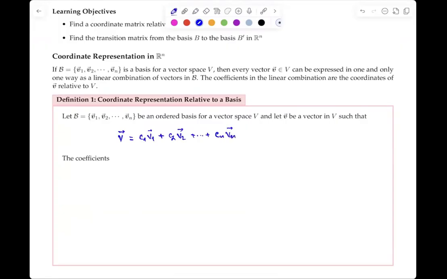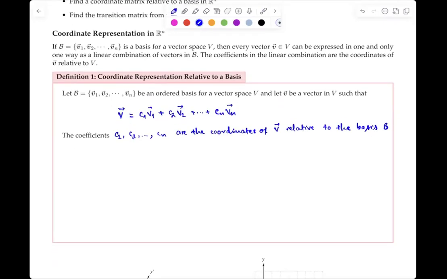So V can be written as a linear combination of all the vectors in B. Now the coefficients C1, C2, up to Cn are the coordinates of V relative to the basis B. You follow the same procedure as in lecture 18, then collect the values of the coefficients and put them in a vector or a matrix, and you have the coordinates of the vector V relative to the basis B.